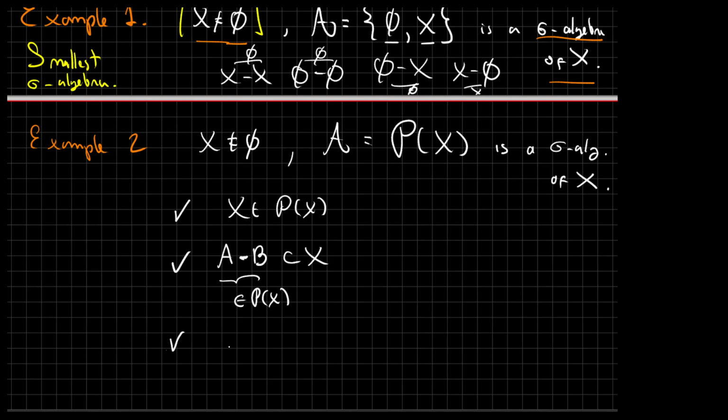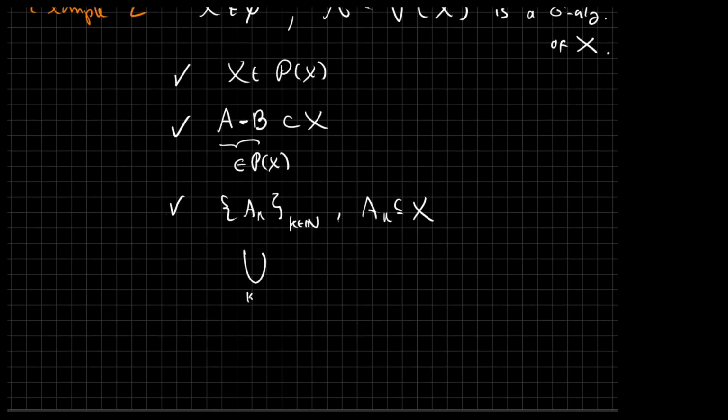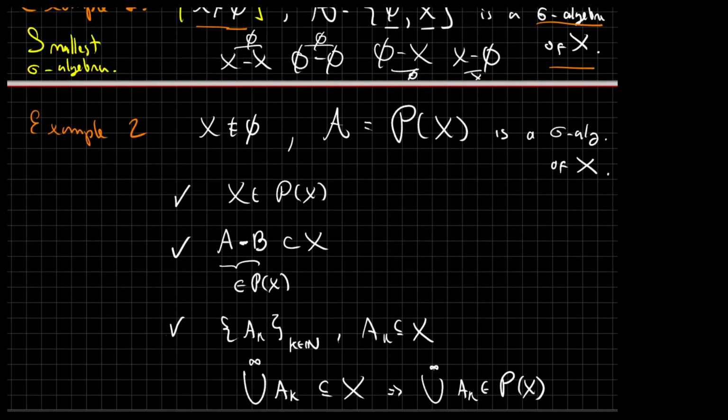And then if you have a family of subsets of X, then its countable union will also be a subset of X, which implies that this union is an element of the power set, which is our set A. So this means that the power set is a sigma algebra of X.